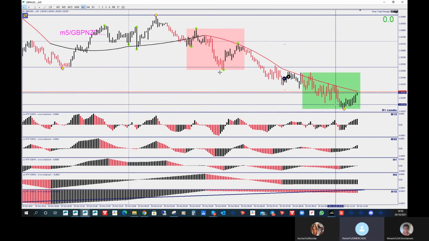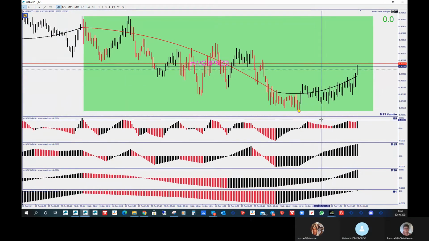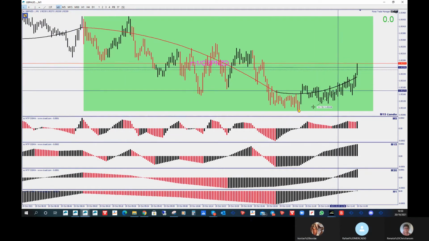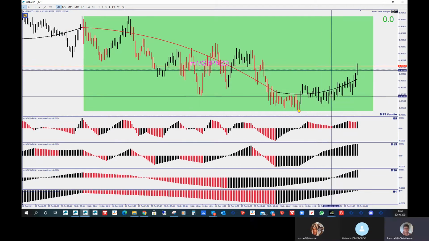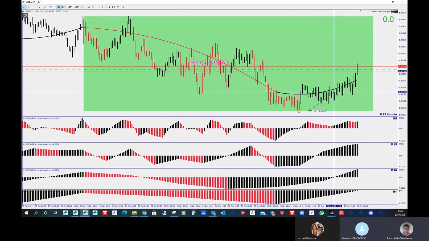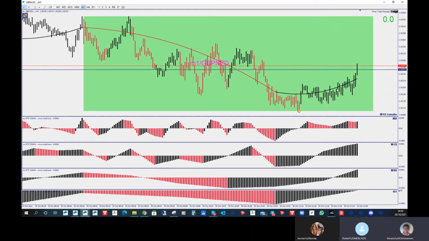So when that scan comes in, at least your filters should be lined up, and you can start looking to see if you're comfortable taking the trade there or not. Yes, that's a good one.